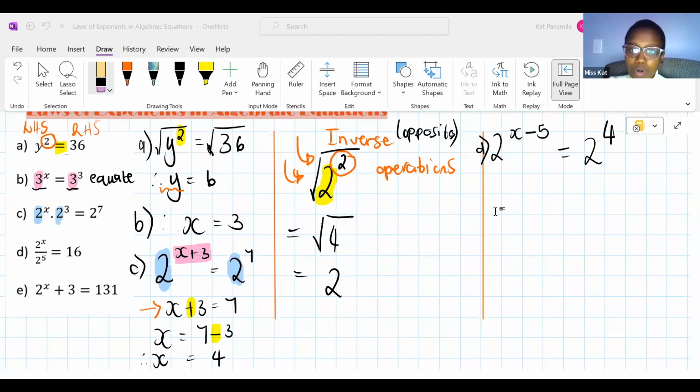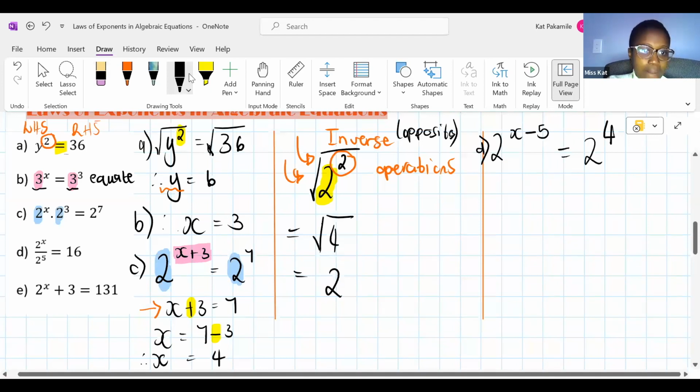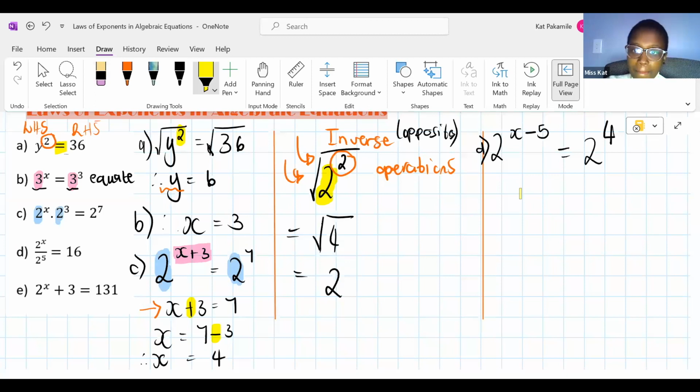The exponents have to be the same. We are not dividing. Concentrate, guys. Now we have gotten these two sides to have the same base, 2 and a 2. So the bases are the same. Then we can make the exponents the same, x minus 5 equals 4.